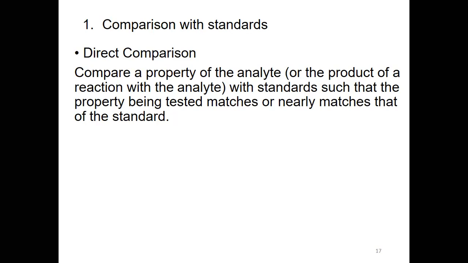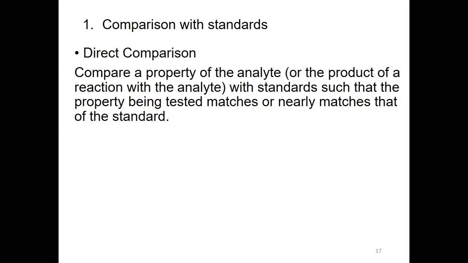Then we match the standard color with the unknown sample. Suppose at the very beginning it will not exactly match, right? Then we may have to do a dilution. We should know the dilution factor, and when we do the dilution, we again match the color of the unknown with the standard.